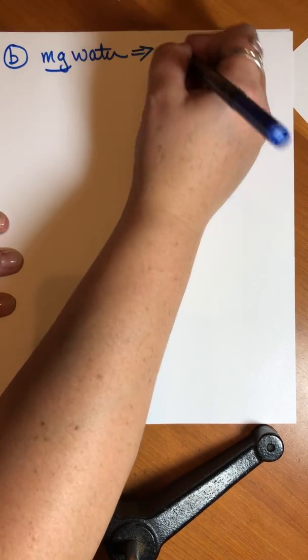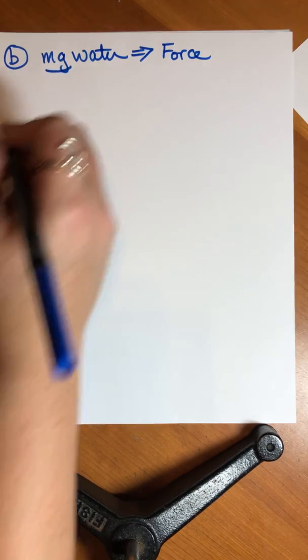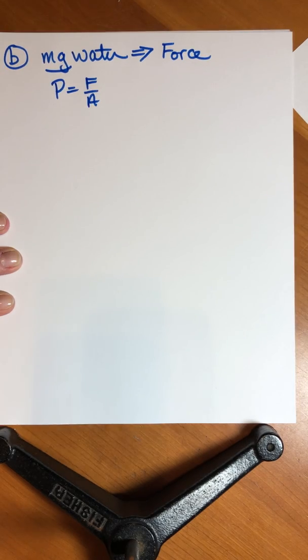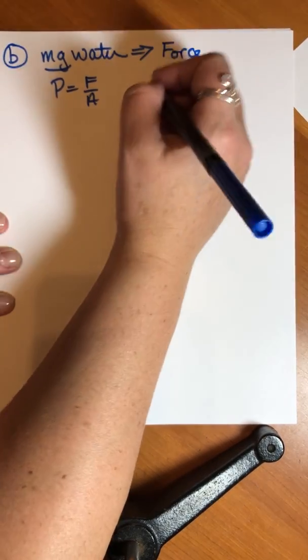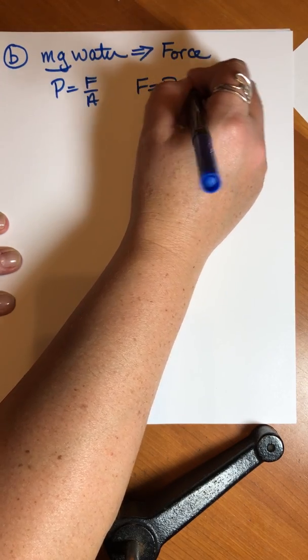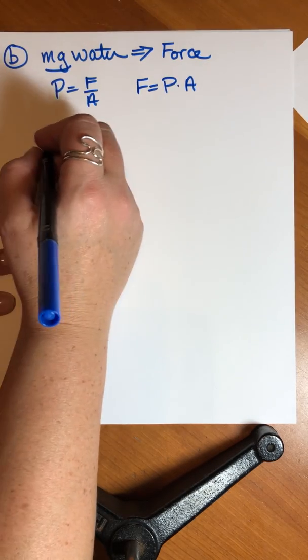So we're really looking for the force of the water. So we know that pressure equals force over area, and so if I move this around, we get force equals pressure times area. So what we'll need to do first is figure out the pressure.